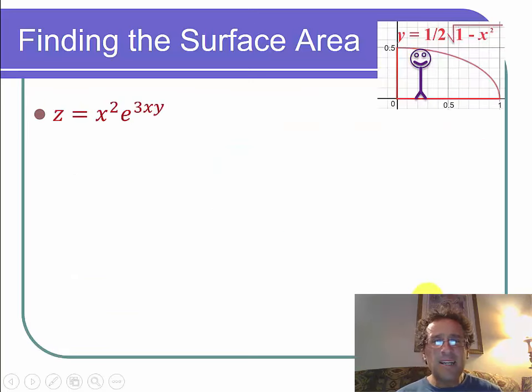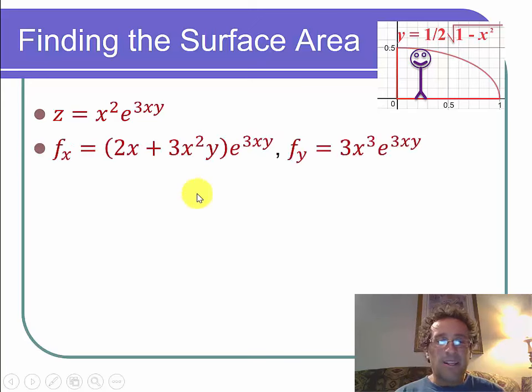So now let's take a look. I need to find the partial derivative of z with respect to x and with respect to y. To find the partial derivative of z with respect to x, I need the product rule and the chain rule.